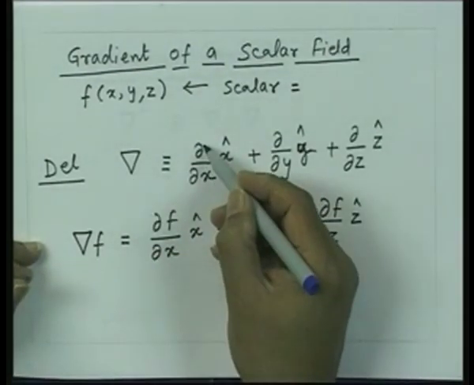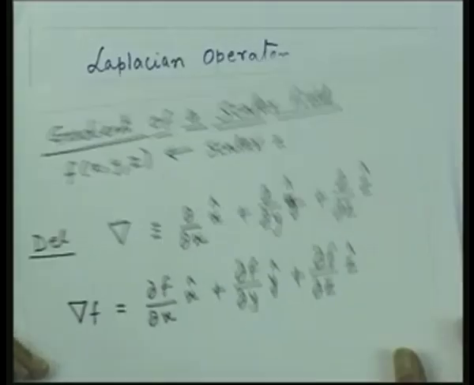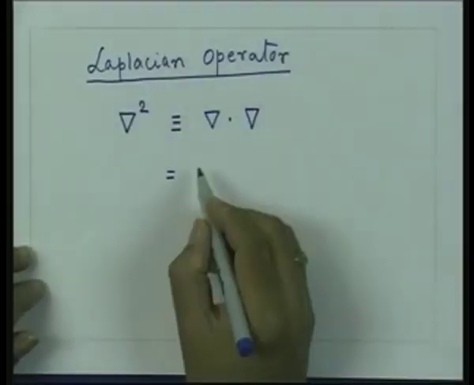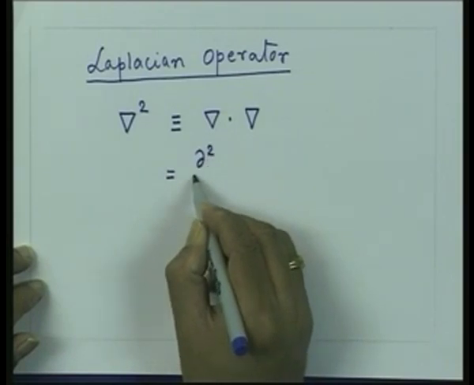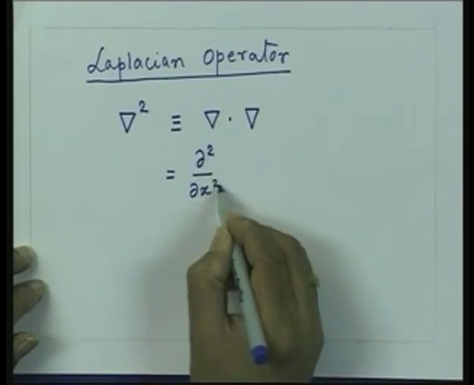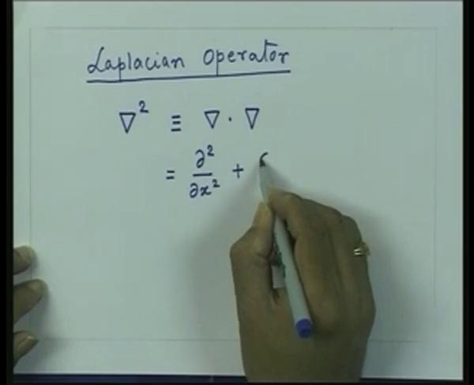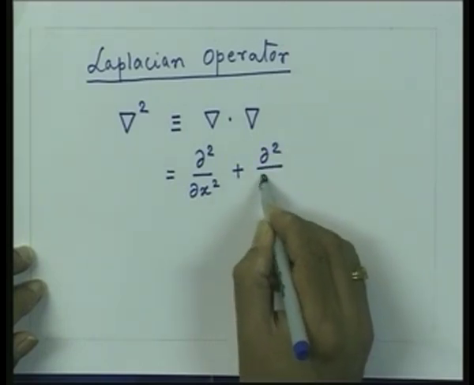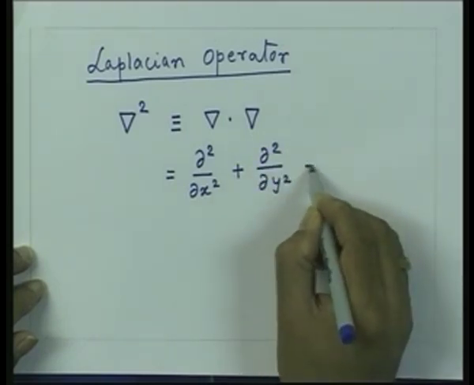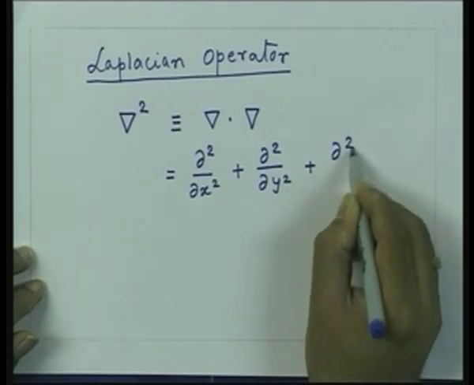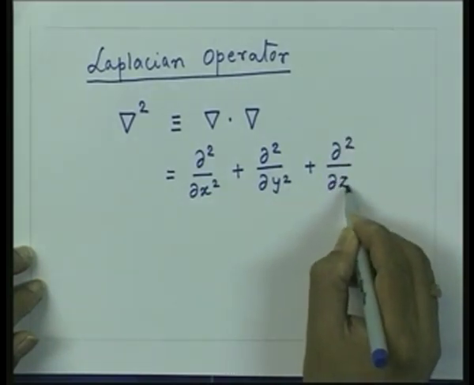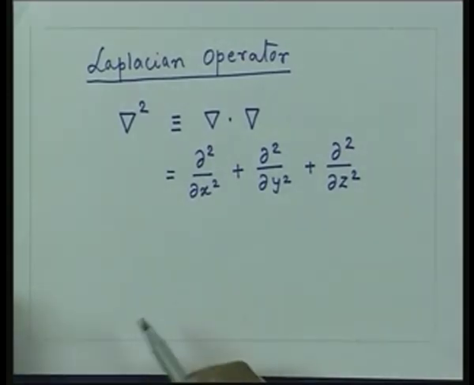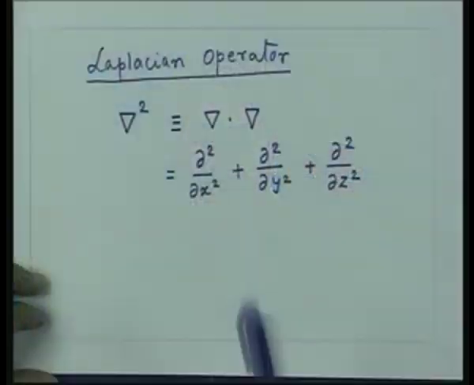So, this will become d2 by dx square plus d2 by dy square plus d2 by dz square. The Laplacian operator is a second order differential operator, and it is a scalar operator.